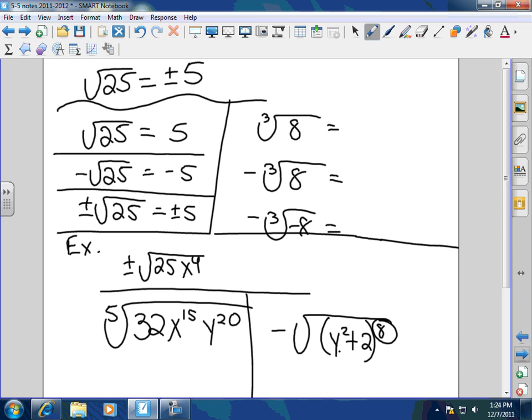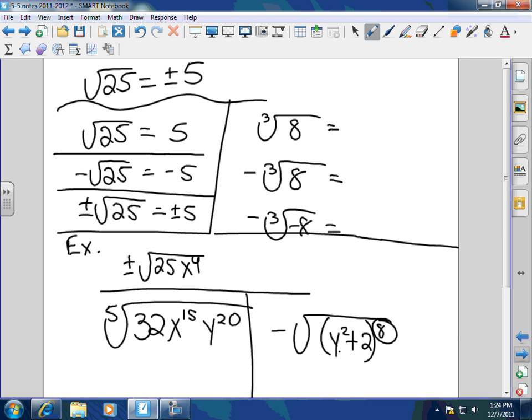For my class, Mr. Morrow's class, I will always want plus or minus unless I specifically tell you that I'm looking for a negative. So on a test or a quiz, if I say find the square root of 64, it's plus or minus 8.